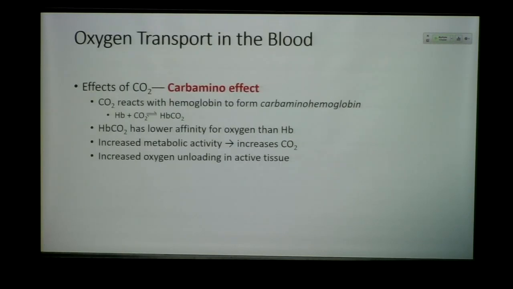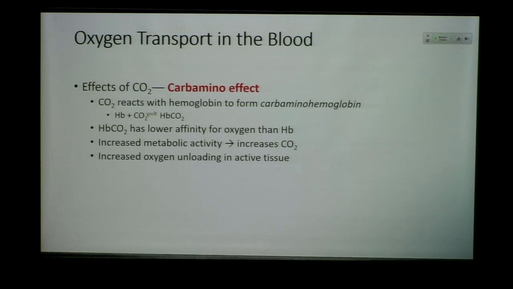Okay. The third factor here is carbon dioxide itself. Okay, so carbon dioxide exhibits what's called the carbamino effect, and that is the way carbon dioxide influences this shift in the way that hemoglobin behaves because of the presence or absence of excess carbon dioxide or too little carbon dioxide.